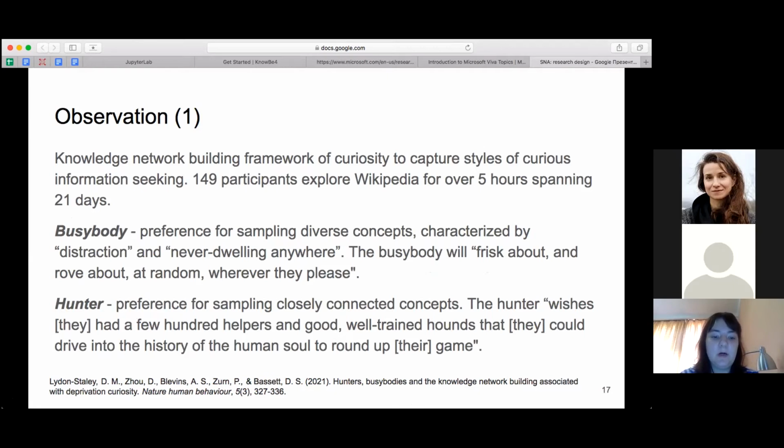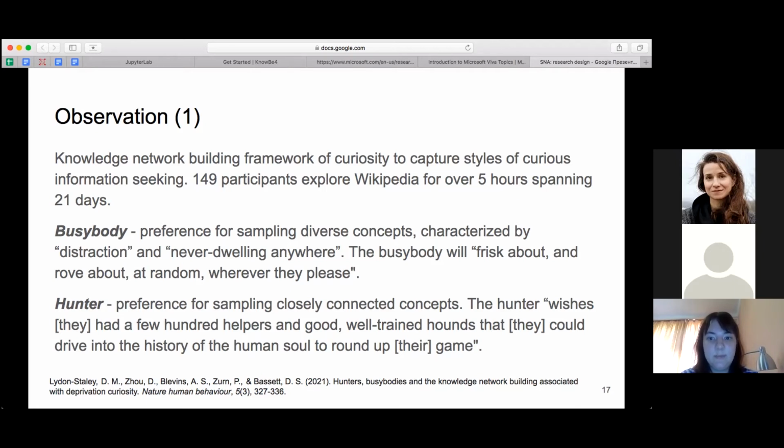This paper was completed by psychologists, and it was published in one of the best computational social science journals, Nature Human Behavior.